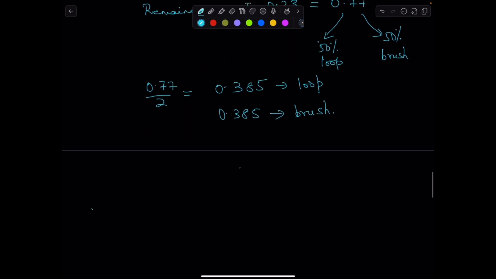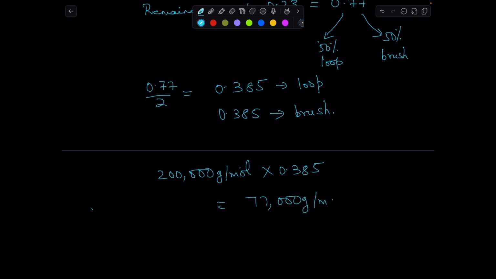Now let's find out the length of the brush. So out of 200,000 grams per mole, this time 0.385 is in the brush form, which is 77,000 grams per mole.